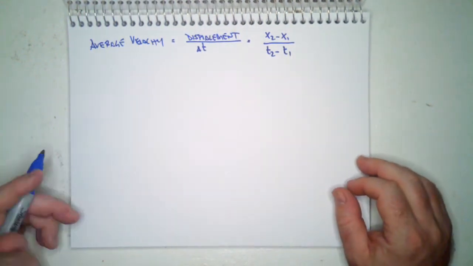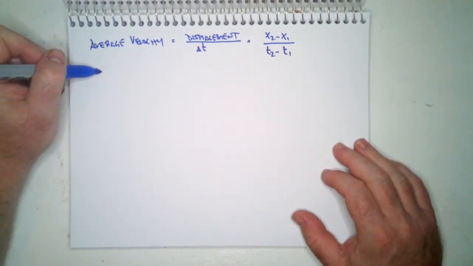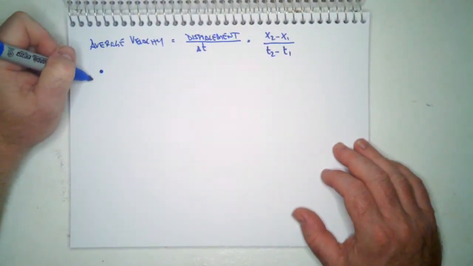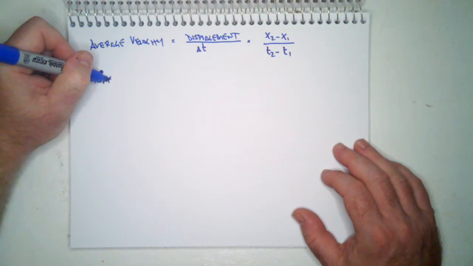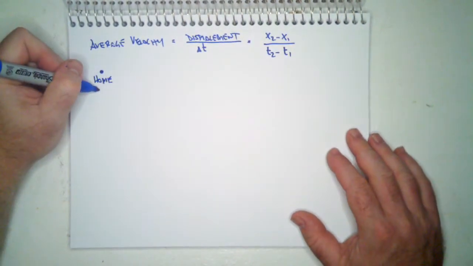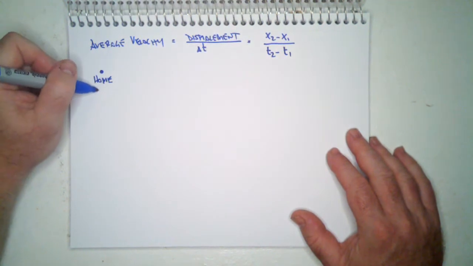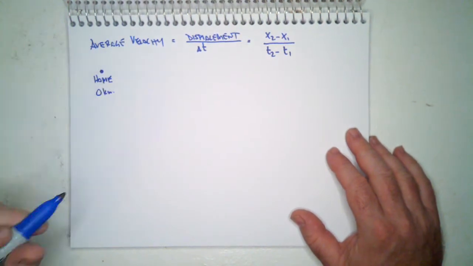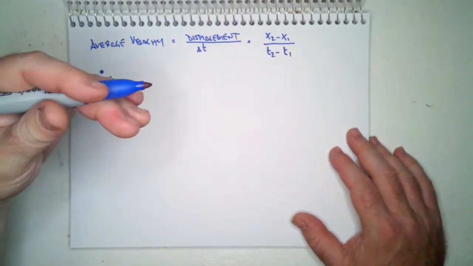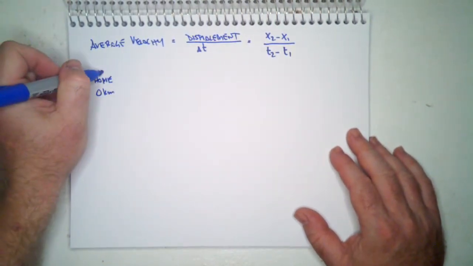Let's do an example. Let's say you are starting out at home. And for the sake of convenience, home is always your origin. So we'll call the position of home 0 kilometers. And you need to drive to the Kennedy Expressway and take the Kennedy out to O'Hare.